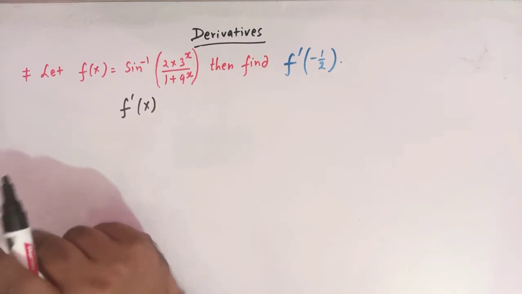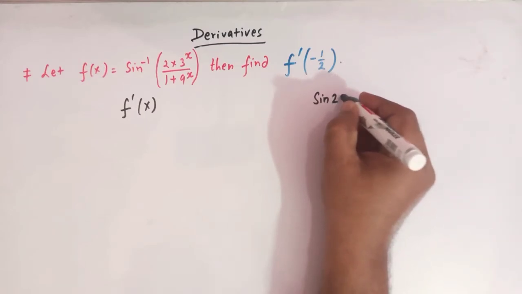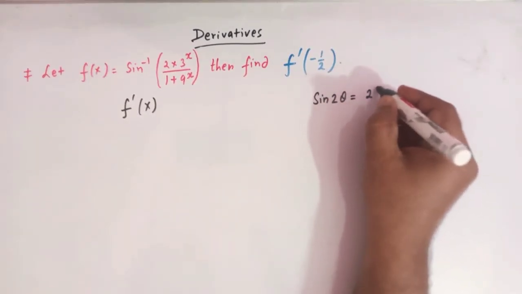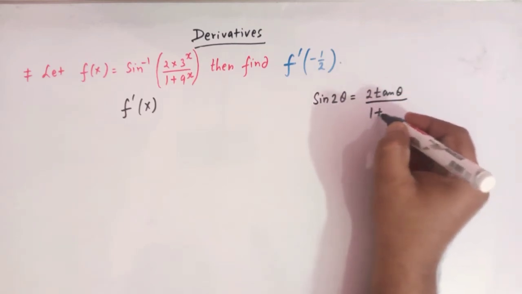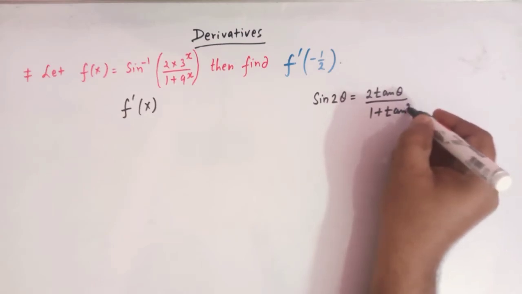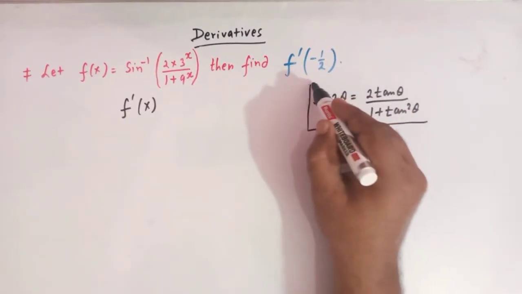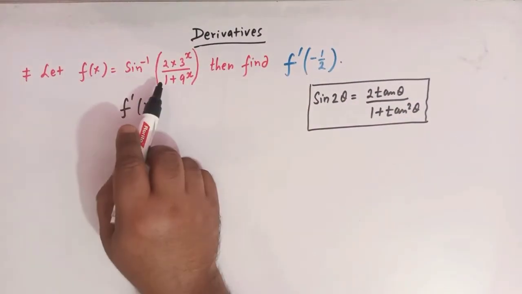trigonometry, which states that sine 2 theta is equal to 2 tan theta divided by 1 plus tan square theta, the application of this important result from trigonometry will be used here.